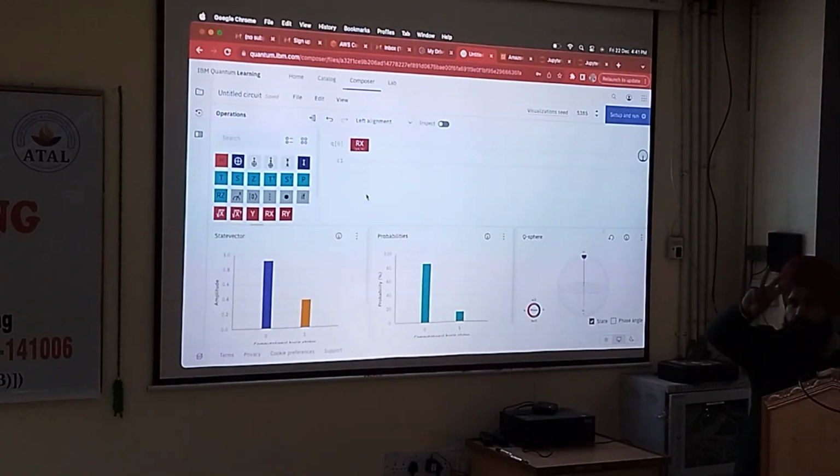There is a 3 gate, there is a 1 gate. This is the reason why we use rotation of x gate, rotation of y gate. Here the probability of 0 is 85 and the probability of 1 is nearby 50. Okay.